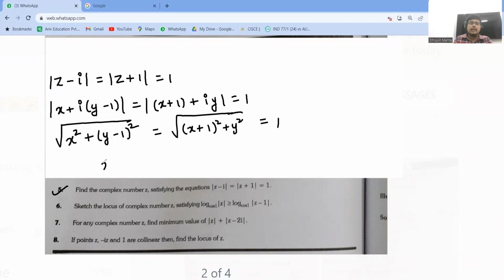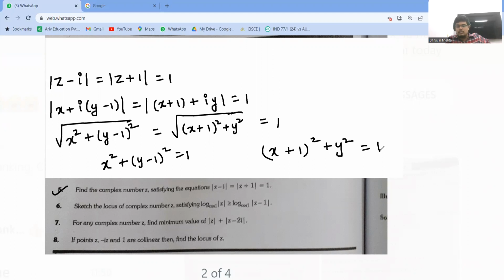So we will basically get x square plus (y minus 1) the whole square equal to 1 as one equation, and (x plus 1) the whole square plus y square as the second equation. Now from here, Arush, they have asked us to find the complex number. We have to basically find the values of x and y.